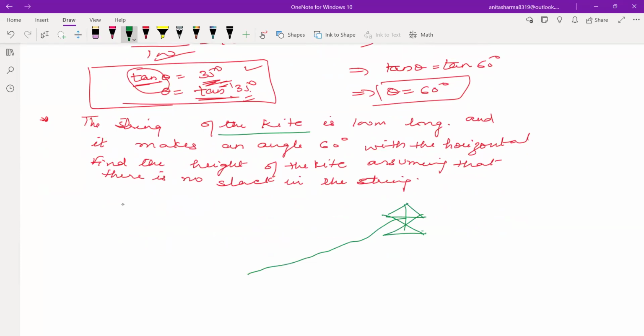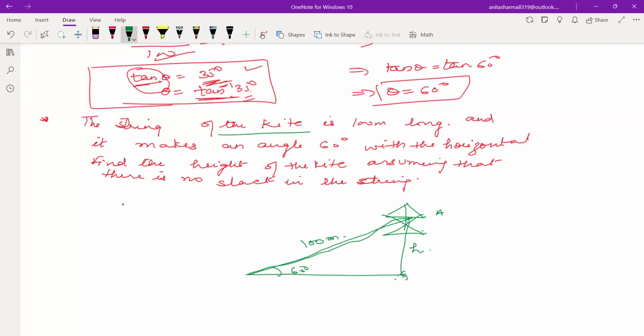It makes an angle of 60 degree with the horizontal. And they are saying there is no slack, it means the string should be straight. Now you have to find the height of the kite from the ground. This string is given as 100 meters, and you have to find this height.